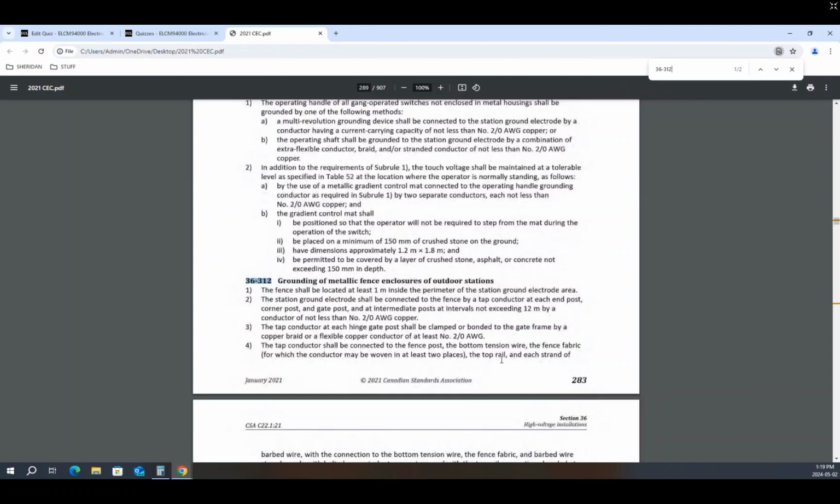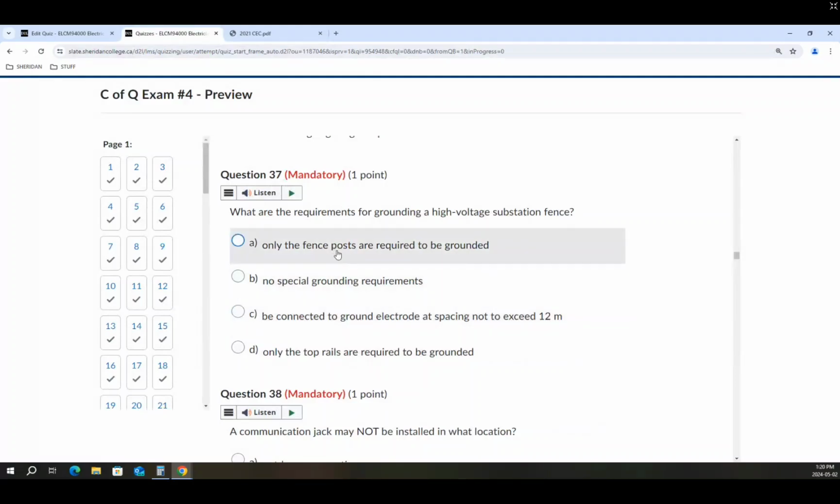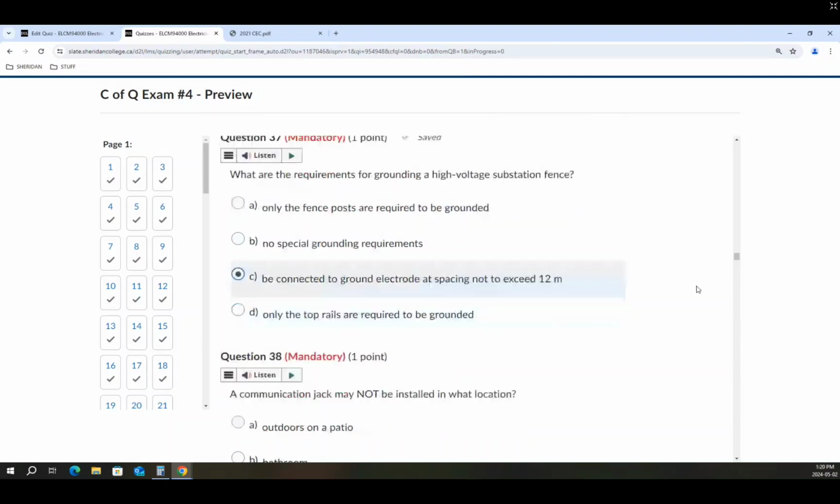Tap conductor shall be connected to the fence post, bottom tension wire, fence fabric. So it's got to be connected all over the place. So only fence posts? No. No special grounding? No. Only top rails? No. Connected to the ground electrode at a spacing not to exceed 12 meters. So it was C.